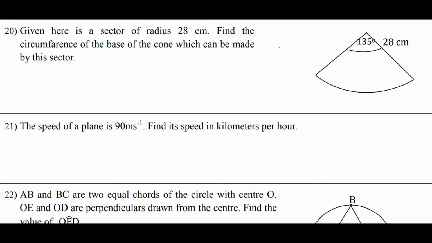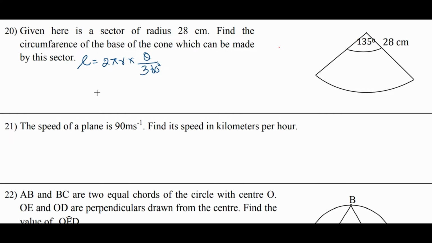Given here is a sector of radius 28. Find the circumference of the base of the cone which can be made by this sector. This sector radius is 28, and we are asking about the arc length of this sector. The arc length L equals 2 pi r theta over 360.